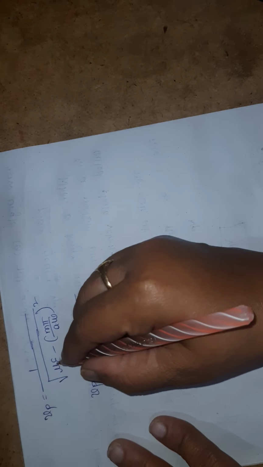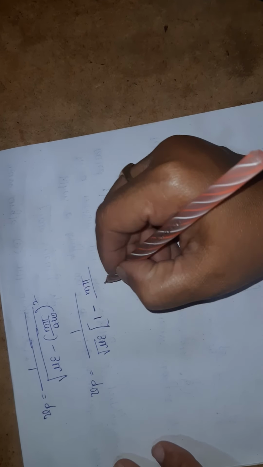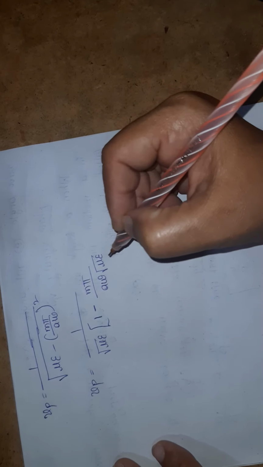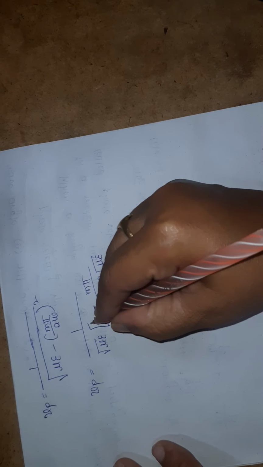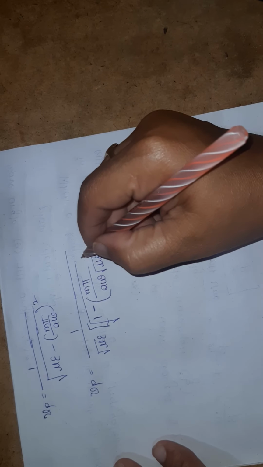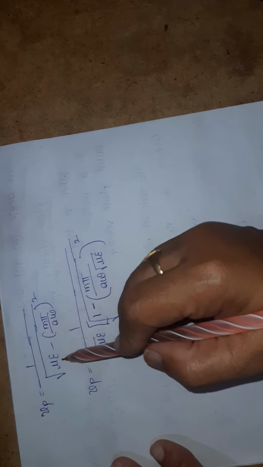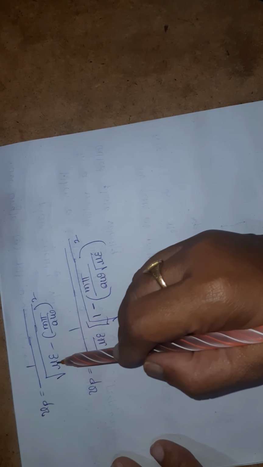So Vp is equal to, take out this root of mu epsilon common, I will get 1 minus (m pi by a omega square root of mu epsilon) whole square, because here I am taking mu epsilon only common.